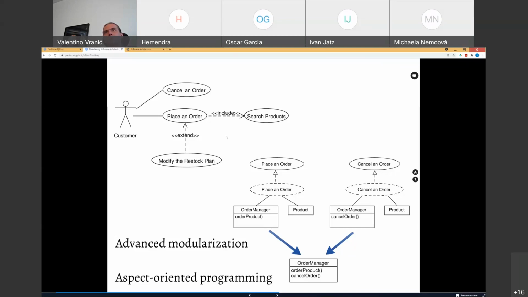You might decouple things in an aspect-oriented fashion, and so maintain them more easily, like this modified restock plan, which affects the place order use case, so it's clear of these things. And here you can have different views. Some languages enable you even to compose classes like this, or at least something like partial classes, or sometimes called mix-ins.